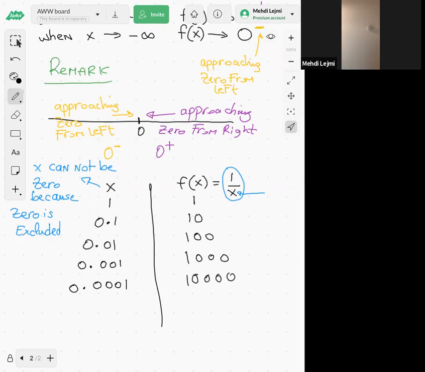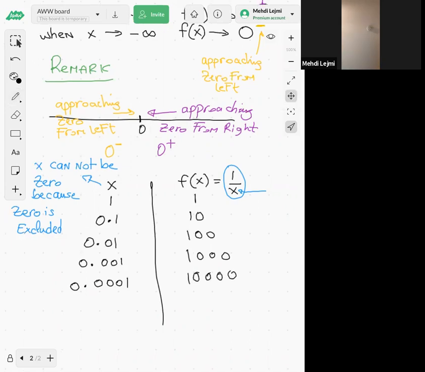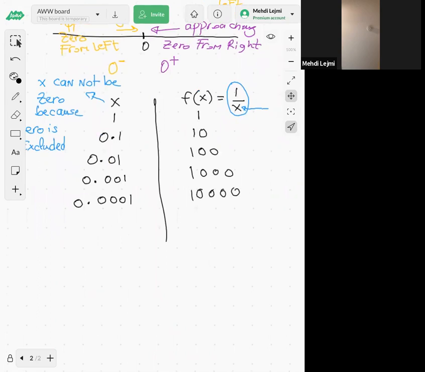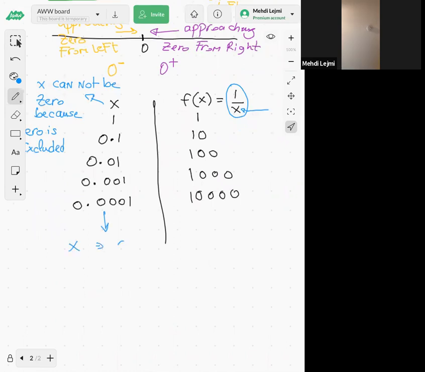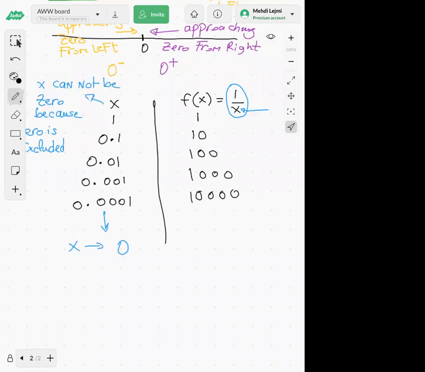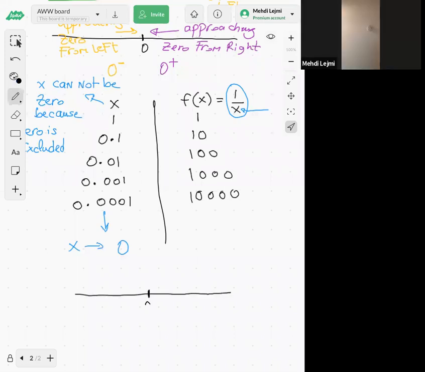So what happens here to the values of f of x? The values of x are approaching 0, and are they approaching 0 from the left or from the right? This is my number line.